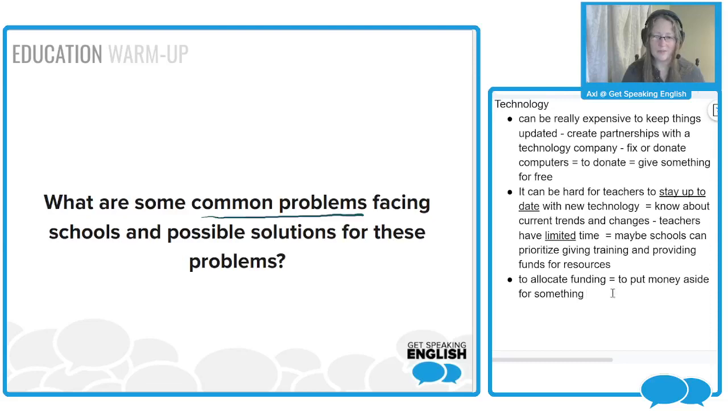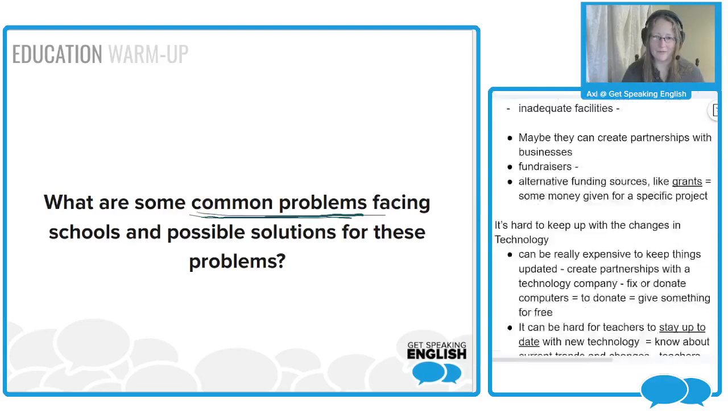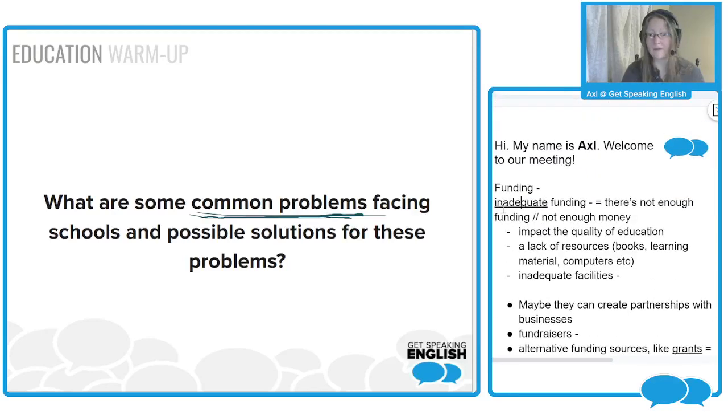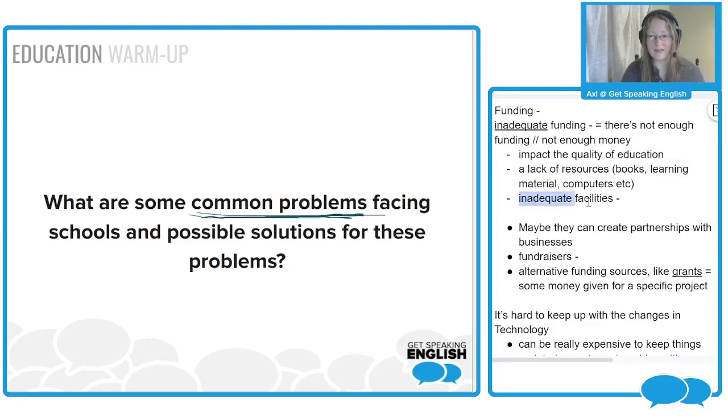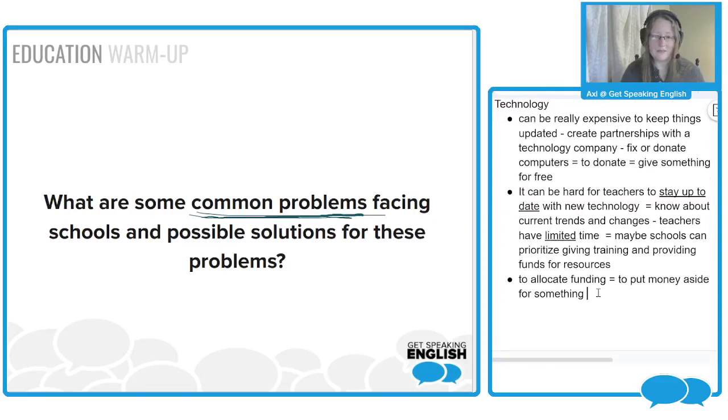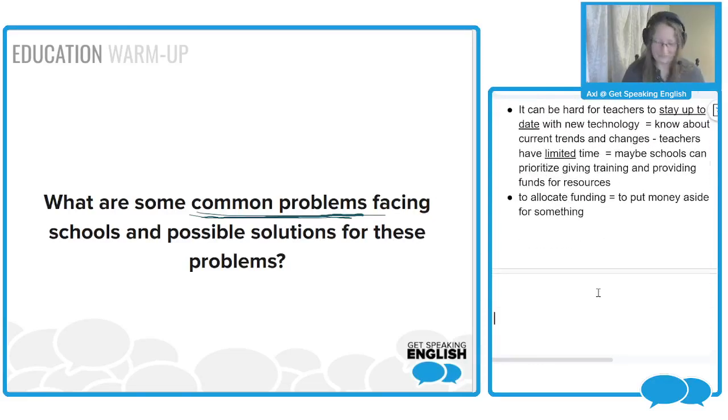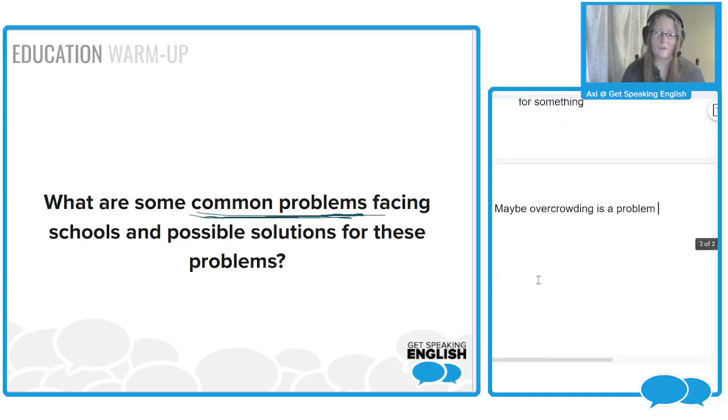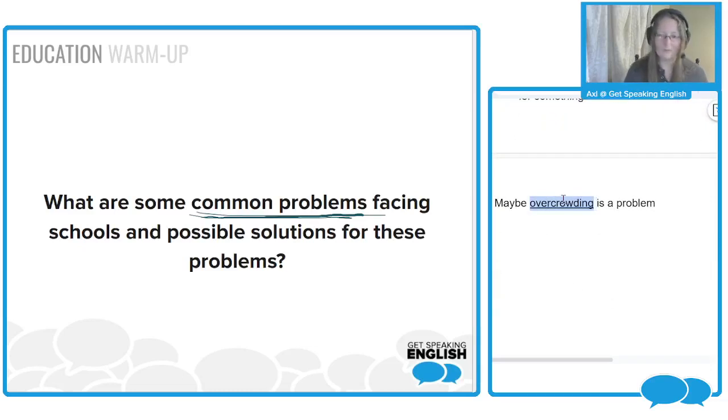Another thing that I think is maybe facing schools right now, since we were talking about inadequate funding, inadequate facilities, maybe overcrowding is a problem. So when there is overcrowding or when a place is overcrowded, that means there are too many people in one place, right?